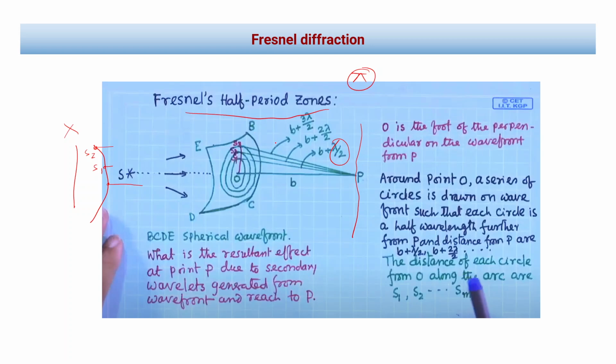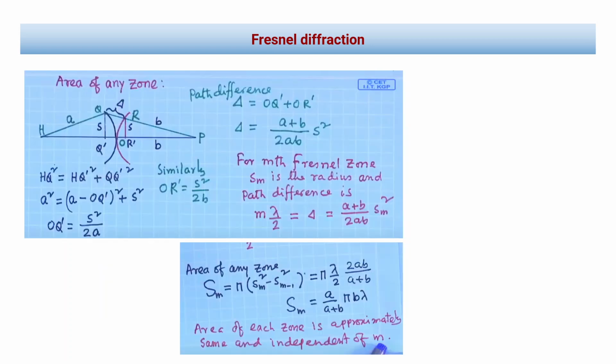These are the half period zones. The further calculations and derivations are well given in the lectures, so I don't feel we should repeat them here because we need to focus on numericals. You can go through these derivations in the video.